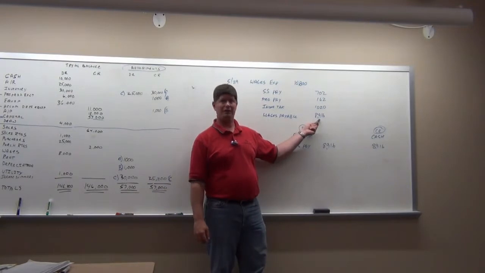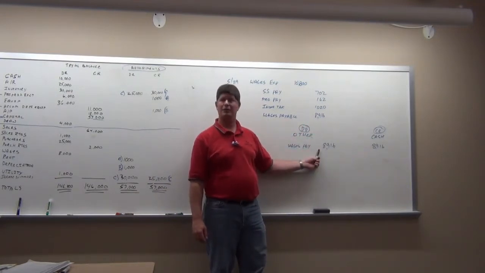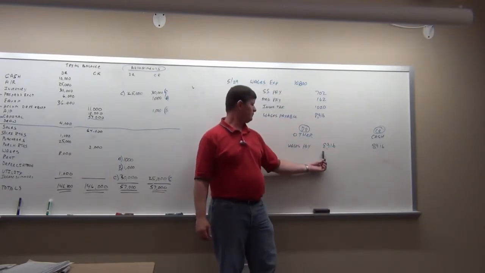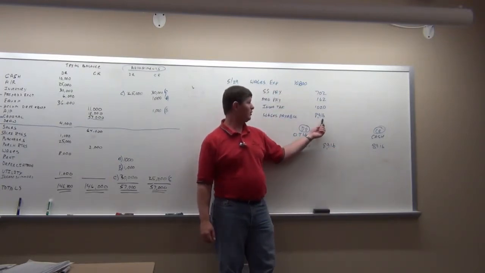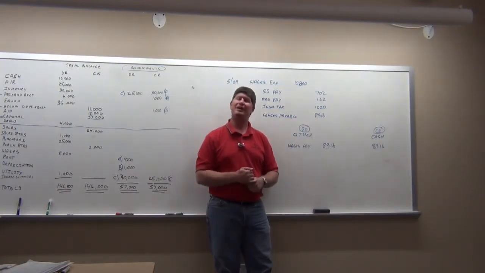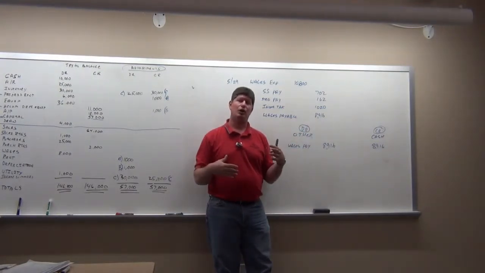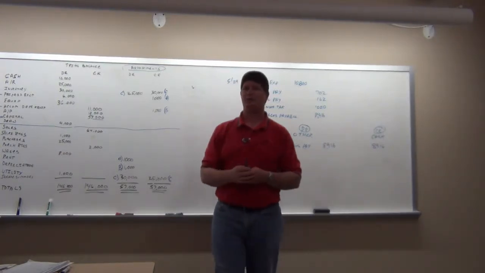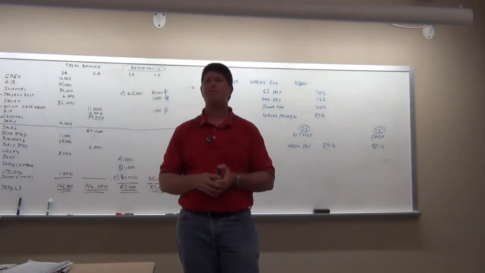Now the payment is going out, cash goes down, which is a credit. Wages payable gets debited, so this balance goes to zero. In the end, on your worksheet and your trial balance, your wages payable account has a zero balance. Okay?